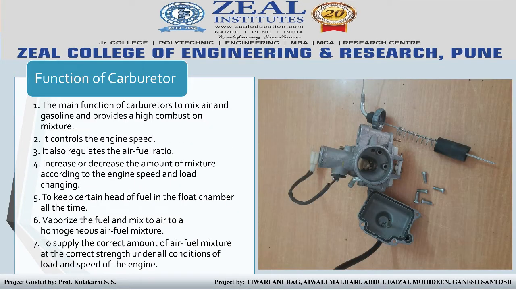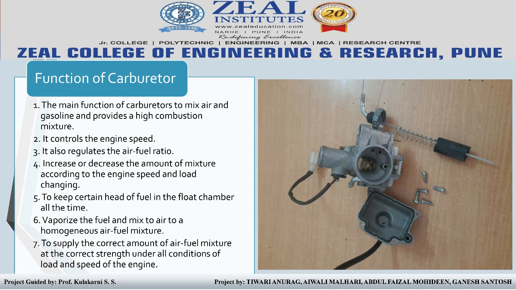Function of carburetor. The main function of a carburetor is to mix air and gasoline and provide a highly combustible mixture. It controls the engine speed. It also regulates the air-fuel ratio. It increases or decreases the amount of mixture according to the engine speed and load changes. It keeps a certain head of fuel in the float chamber all the time, vaporizes the fuel and mixes it with air to form a homogeneous air-fuel mixture.